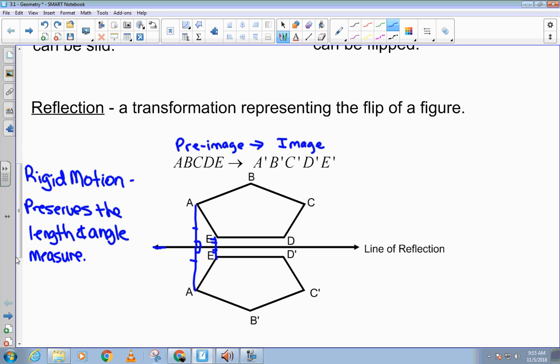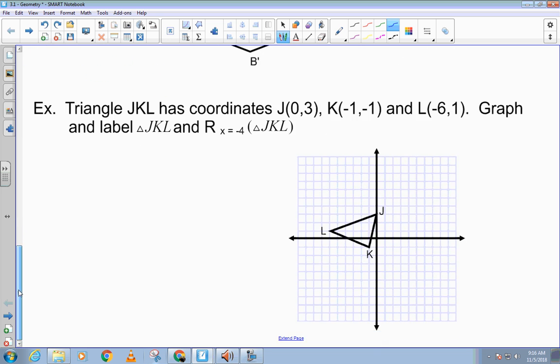Okay. Alright, so we're going to talk about how to do that. Now, most of the time, it preserves the length and angle measure. Now, the reflections that we're going to do are going to be on the coordinate plane, okay, on the XY coordinate plane. Okay. Alright, so here's the first one.